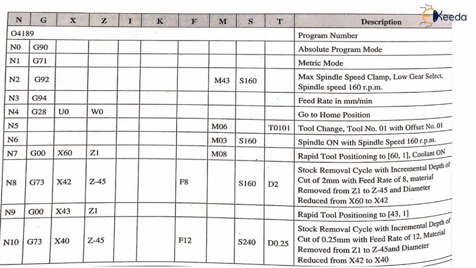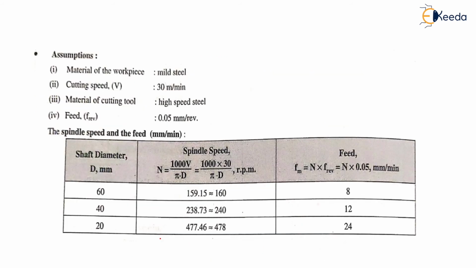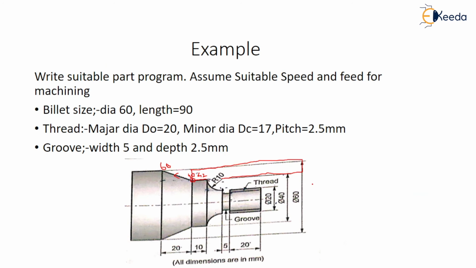So now what has happened? A rough cut is given and we have removed up to where? The dimension is up to minus 25. Okay, so there is minus 25, X is 22. So up to here, minus 25, that means up to here we have done the machining.